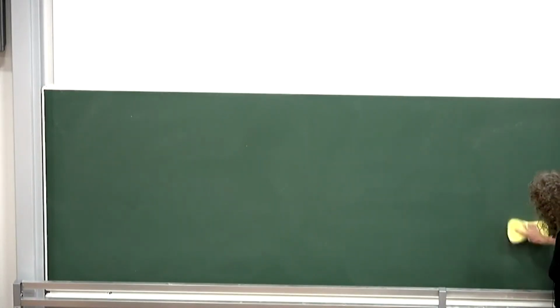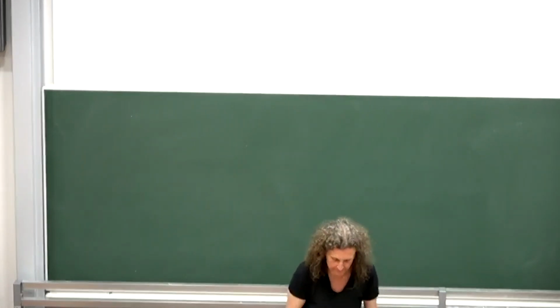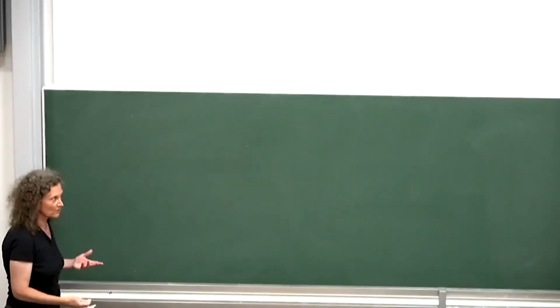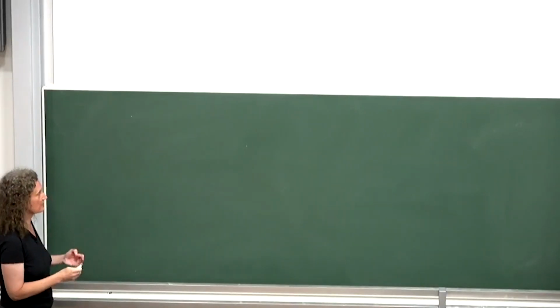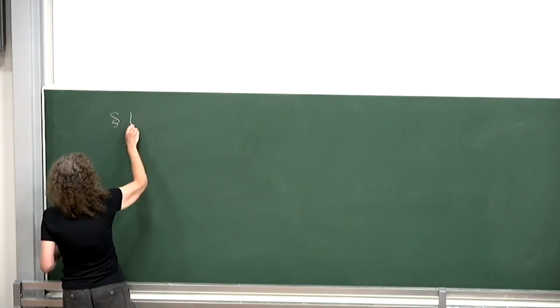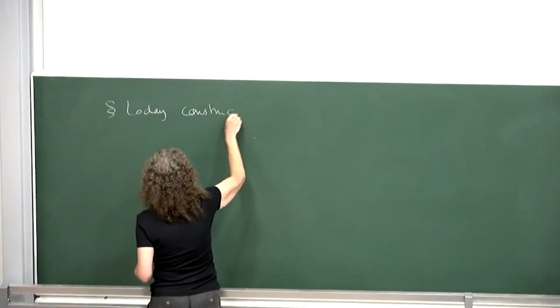And so, Fuling is an equivariant person, so for her it was quite natural to go all the way. So why not do Loday constructions in this equivariant setting? But maybe let me remind you what the classical thing is.